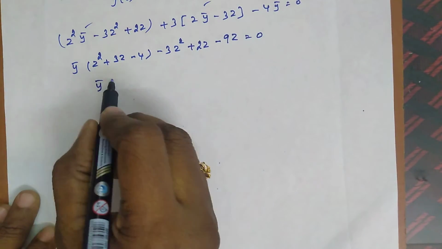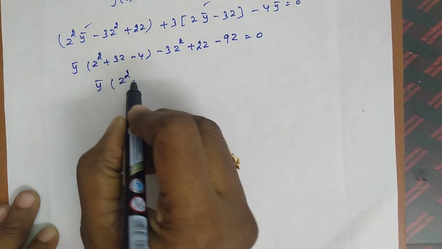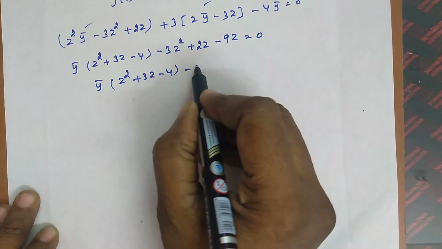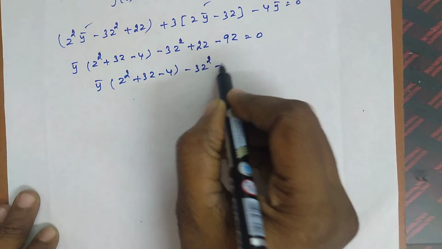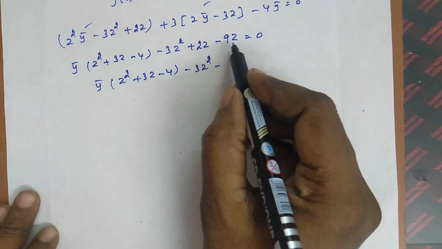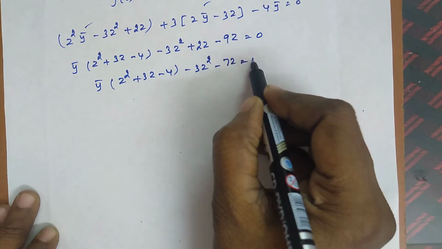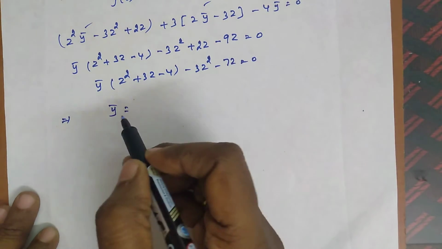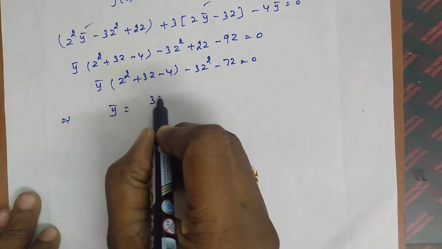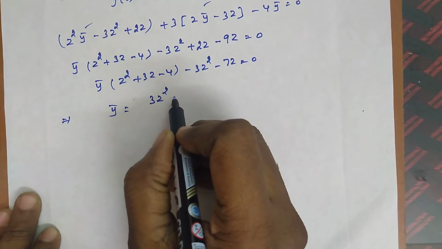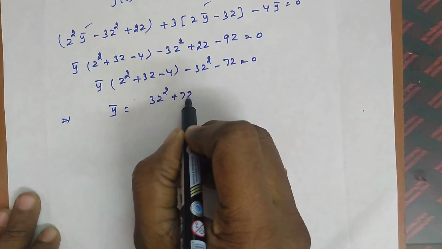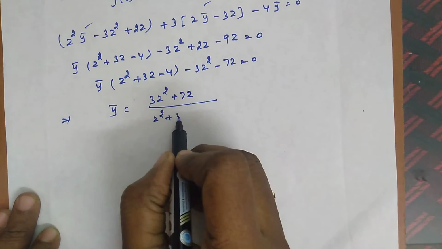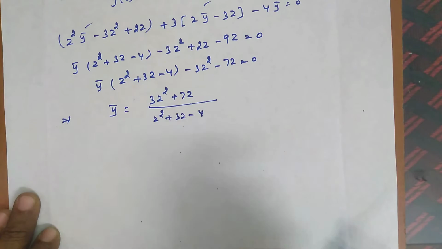That is y bar into z square plus 3z minus 4 minus 3z square minus 2z minus 9z, so minus 7z equal to 0. Which implies y bar equals 3z square plus 7z whole divided by z square plus 3z minus 4.